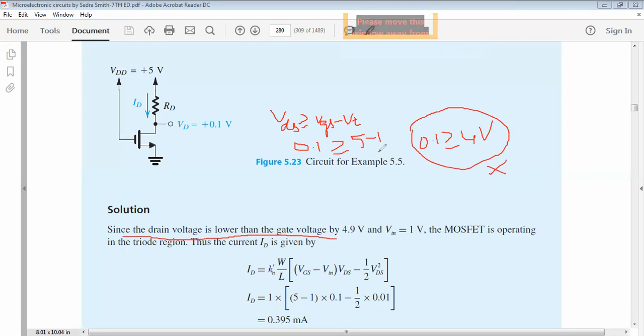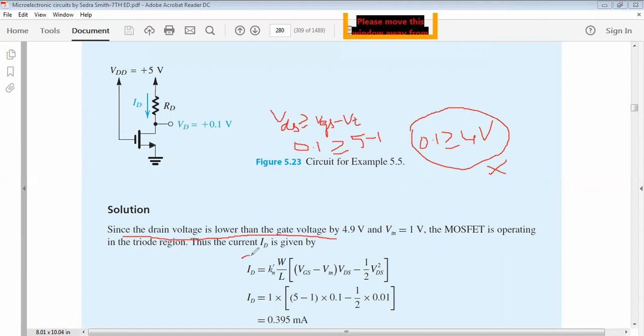So the device is not in saturation region. That means the device is in triode region or non-saturation region. Otherwise, simply the drain voltage is lower than the gate voltage by 4.9 volt, so the MOSFET is operating in the triode region.